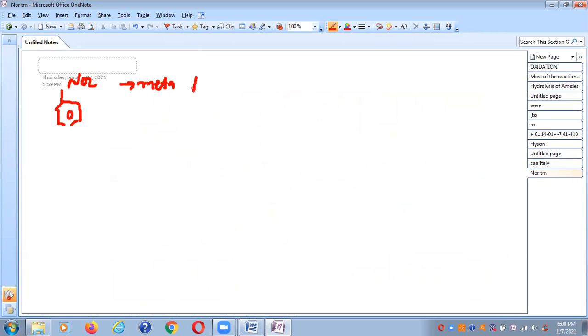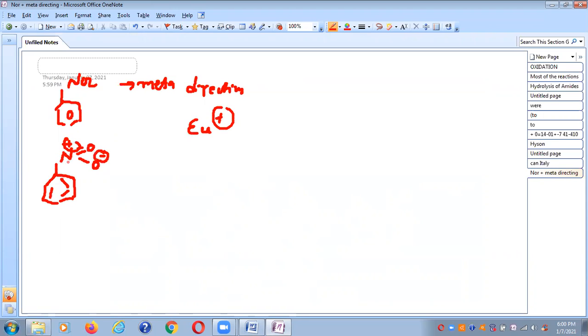It directs the attacking position to whom? The incoming electrophile. So how? If you write the resonance, we can understand why this NO2 group is known as a meta directing group. So this is the NO2 group.